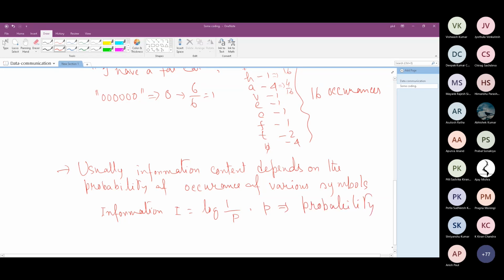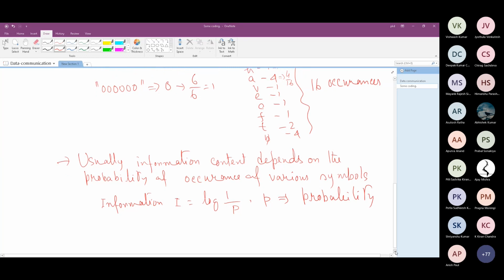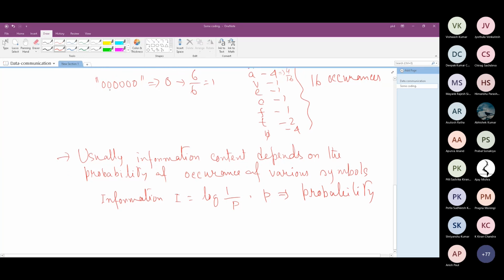So what is meant by more or less information content? Less information means basically we can predict the next event from the past event completely. So therefore there is no information.